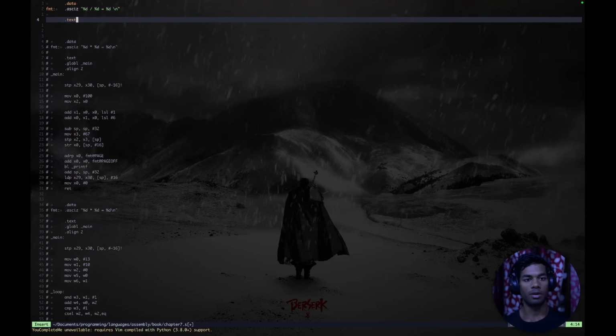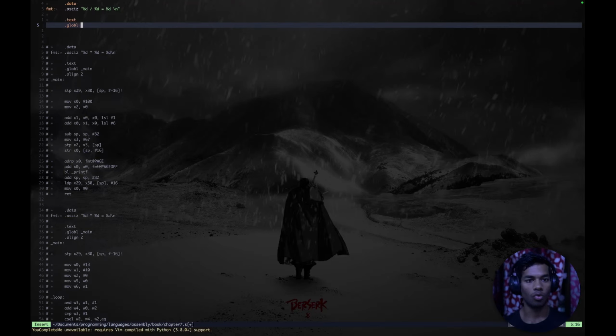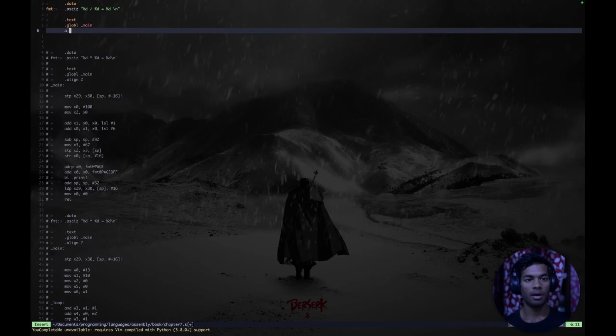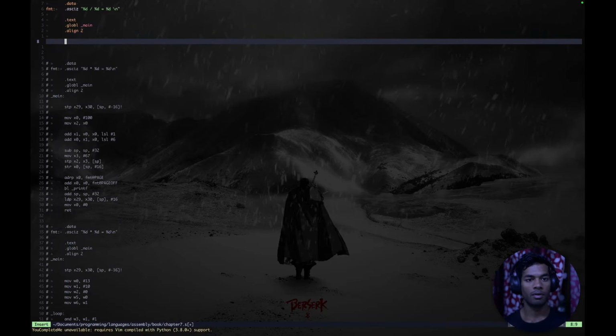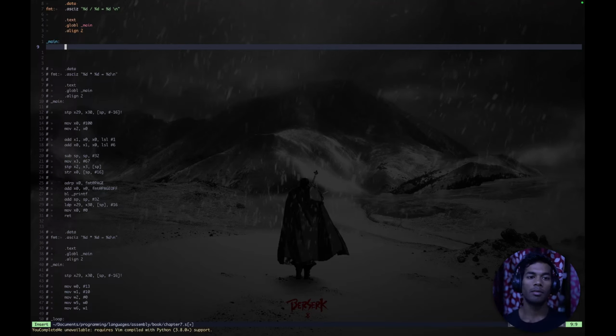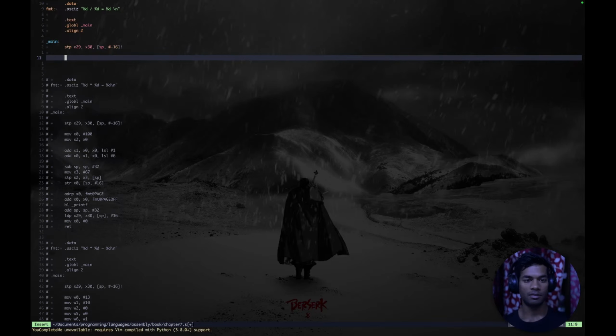And then in the dot text section, I have something global main, and then I will align it by 4 bytes, and then describe it, storing the pair frame pointer and the link register onto the stack by pre-incrementing by 16 bytes.